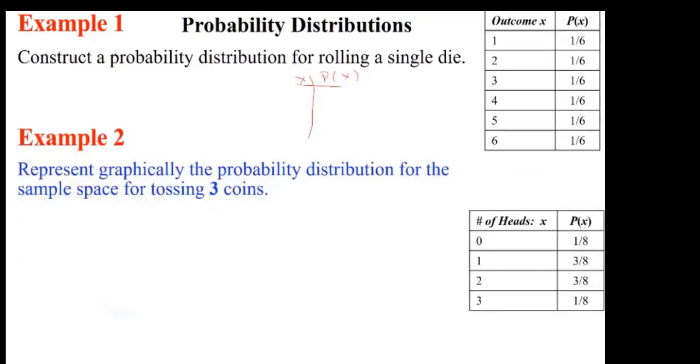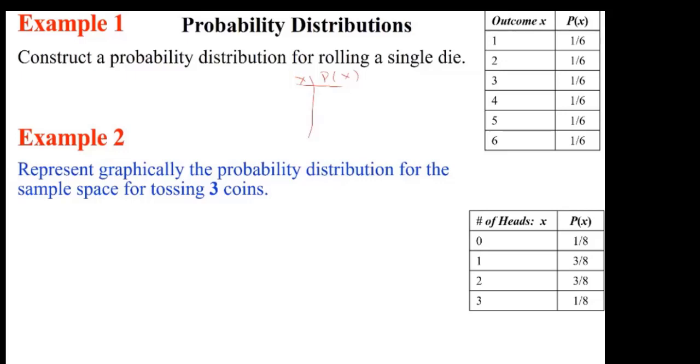In this example, we are given the probability distribution. So if somebody says, what is the probability distribution for a sample space or for tossing 3 coins, this is given right here. Now understand, for 3 coins, it depends on what X represents. By the way, whether it represents the number of heads or tails, it works out to be the same. I want you to know.